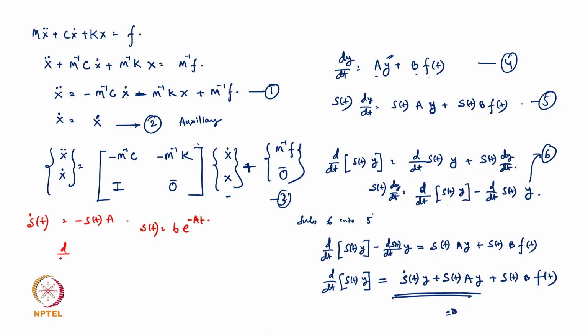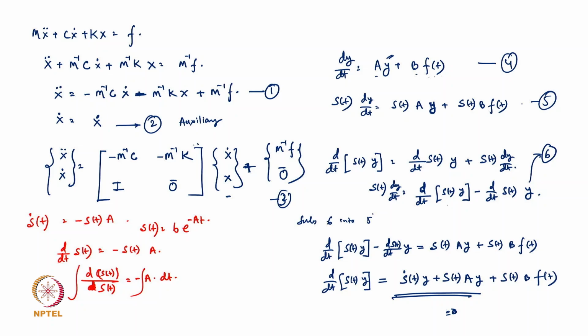So you can do it like this. You can think this is d/dt of S of t should be equal to minus S of t into A. So you can write d of S(t) divided by S(t) should be equal to minus A into dt. Now take the integral.